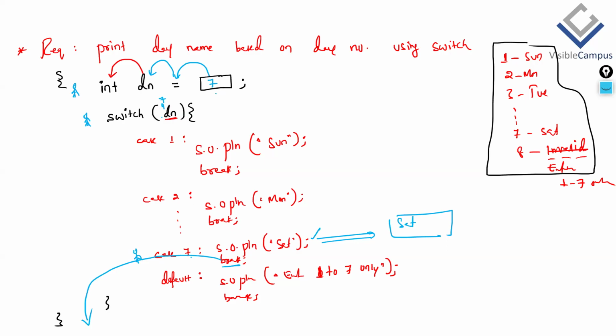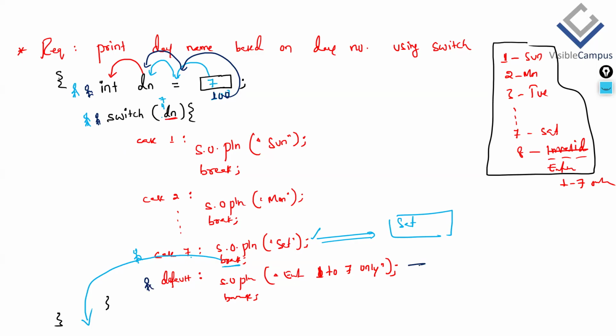For example, if I give 100, now what's the order of execution? So first this 100 will be assigned to the dn variable. Then JVM comes to the switch block. Then where does it go next? It directly jumps to default and executes what?